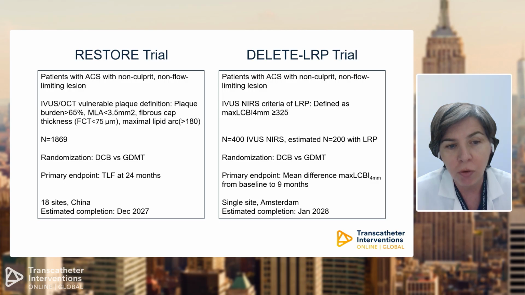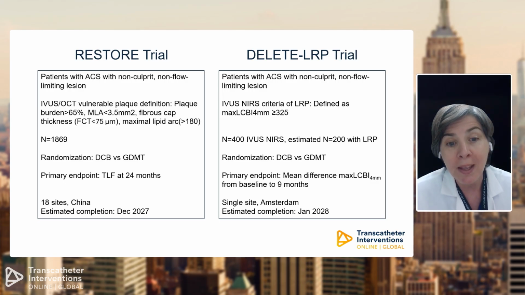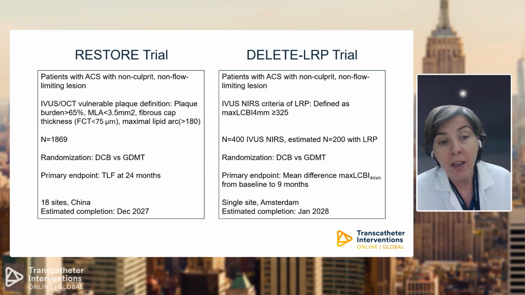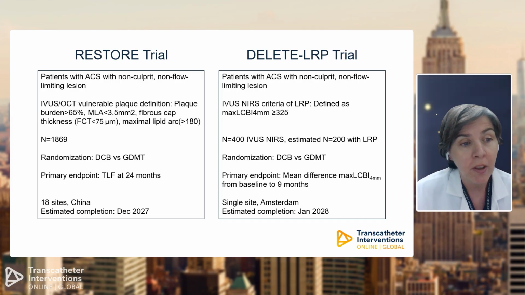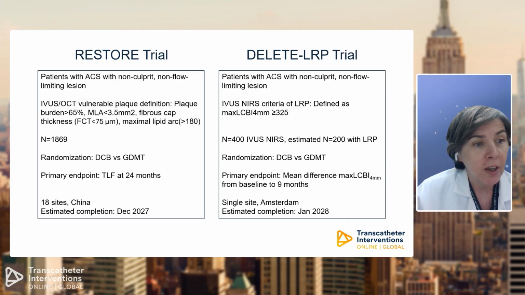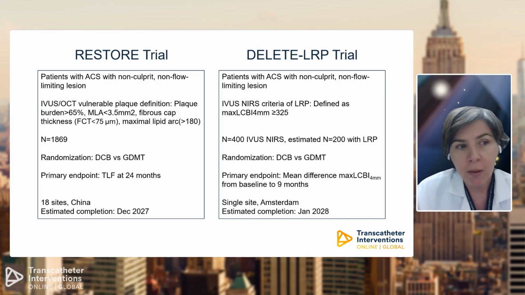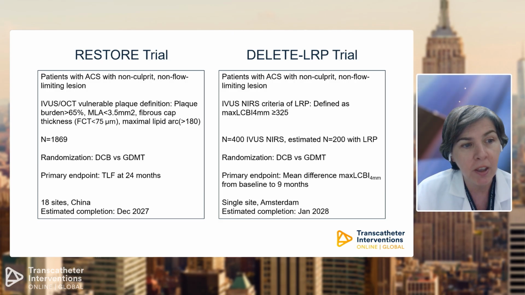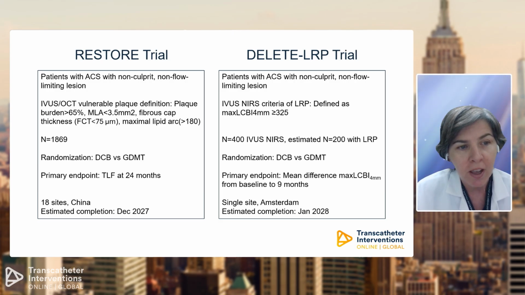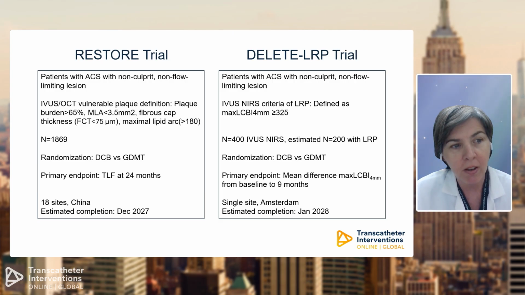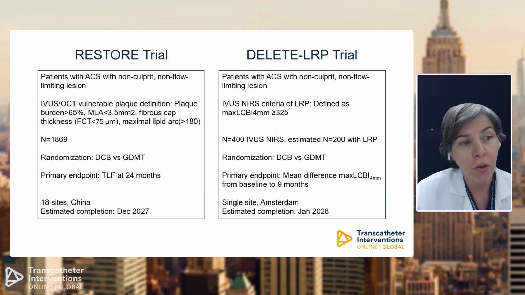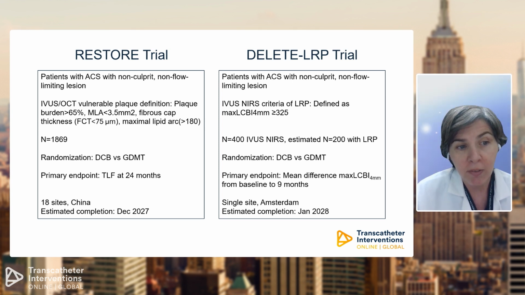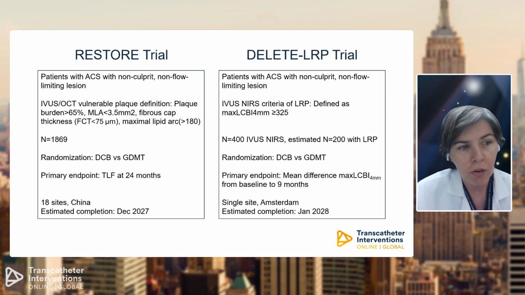And just like the data I showed you earlier, the primary endpoint is going to be mean difference in LCBI from baseline to 9 months. Bigger trial from China, same patient population, but this time using IVUS or OCT. And you see here the vulnerable plaque definition. This is interesting because as we've been discussing, there's multiple ways to define this depending on what imaging modality you use. So plaque burden more than 65, MLA less than 3.5, fibrous cap thickness of less than 75, and a lipid arc of greater than 180.